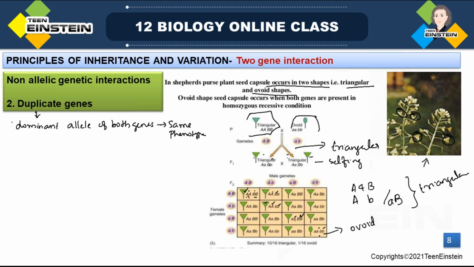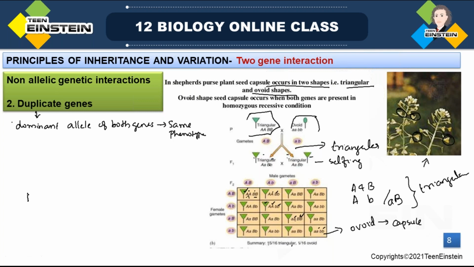And when both genes are coming in homozygous recessive condition, that forms ovoid capsule. So here, among the 16, only one is forming different, like ovoid capsule. Remaining, out of 16, 15 are triangular and one is ovoid.